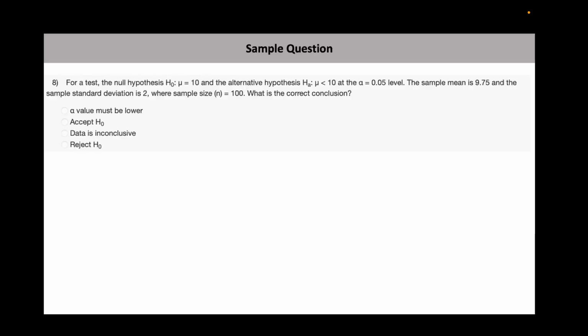Whether the alpha value must be lower, accept the null hypothesis, data is inconclusive, or reject the null hypothesis. You need to calculate the p-value for this and then determine whether to accept or reject the null hypothesis, or whether the data is inconclusive, or whether the alpha value of 0.05 should have been lower.